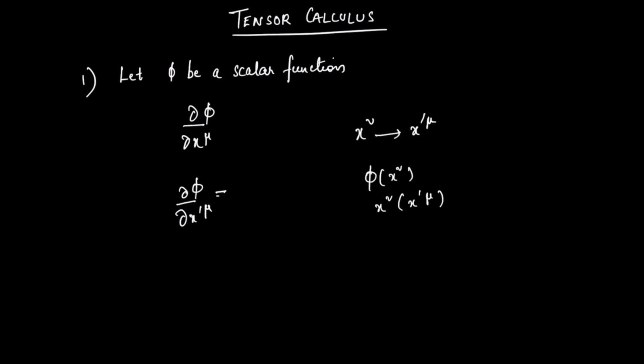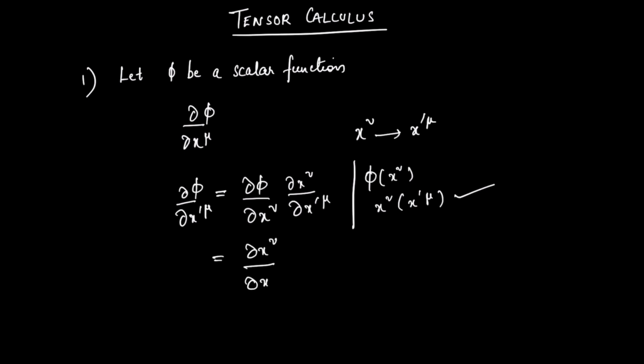Therefore, this derivative will be the partial derivative of phi with respect to x nu, because phi is a function of x nu, and the partial derivative of x nu with respect to x prime mu. Okay, because x nu is a function of x prime mu. Now I can write this as the partial derivative of x nu with respect to x prime mu, times the partial derivative of phi with respect to x nu.